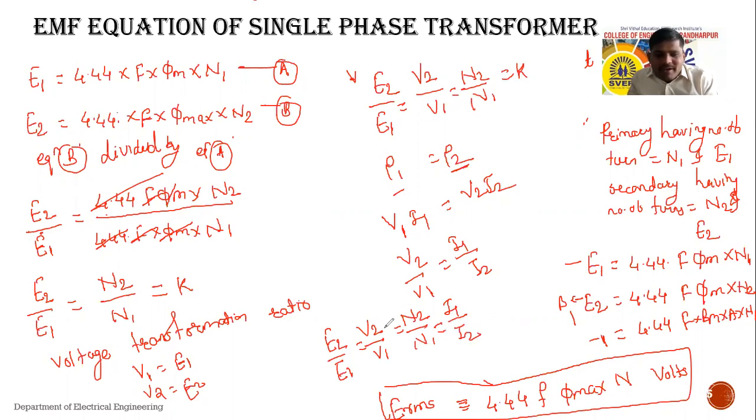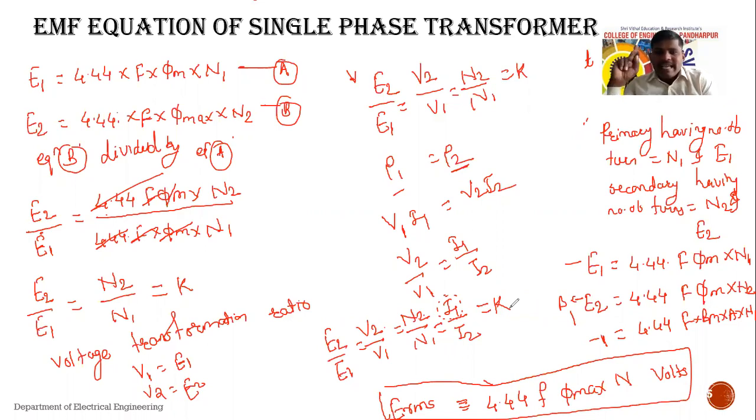Secondary voltage and secondary number of turns are on the numerator, but for current, the primary current is on the numerator. So there is a reverse in the relation. So I1 divided by I2 equals K. This is the transformation ratio of a single phase transformer, that is K.